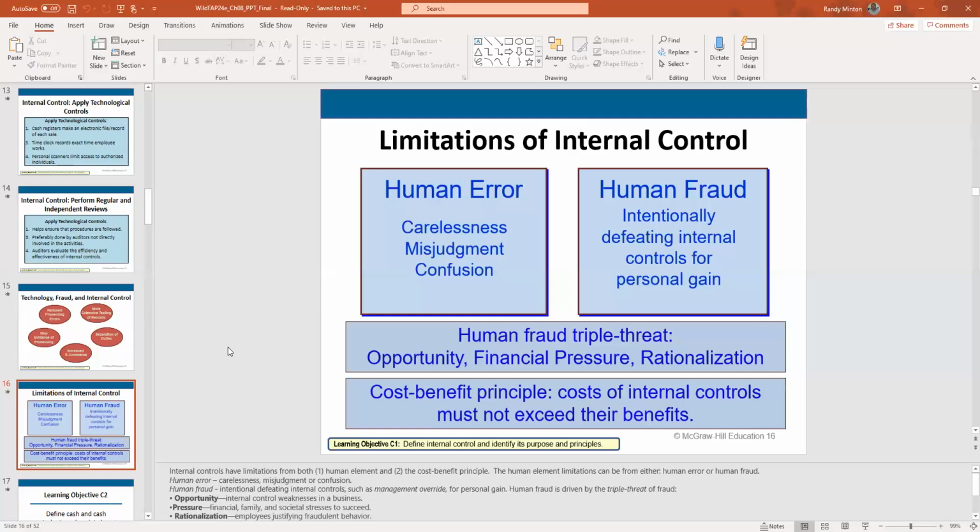The cost benefit principle, you'll hear this over and over again, whether it's in accounting or any other business class. What we try to do with cost benefits is make sure that the benefits that we're accruing from any kind of thing that we do exceed the costs. Now, the costs of internal controls must not exceed their benefits.